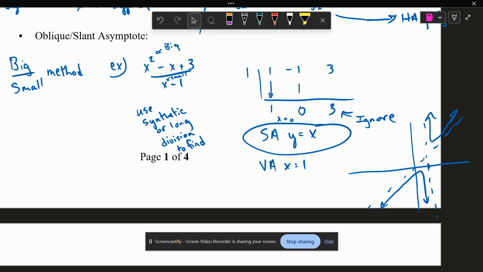The way it works is you only look for what you've got synthetically divided. Your remainder does not matter. You can ignore your remainder. And then you draw that line as a dashed imaginary line that your graph will not cross.